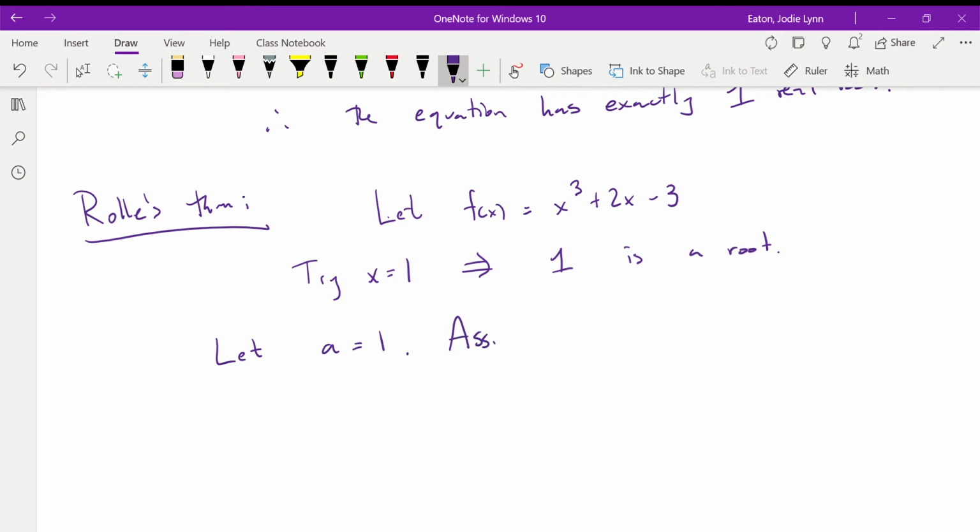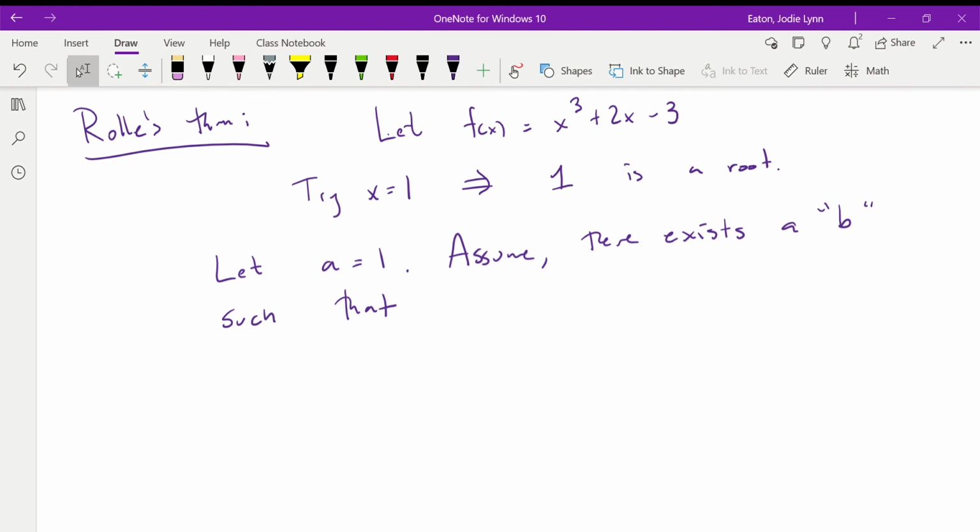Assume there exists a b such that f of b equals 0.